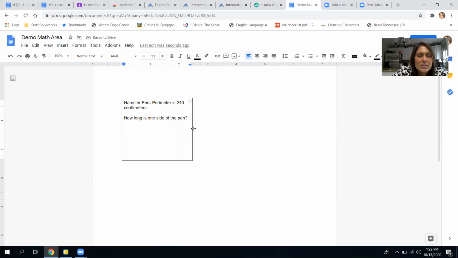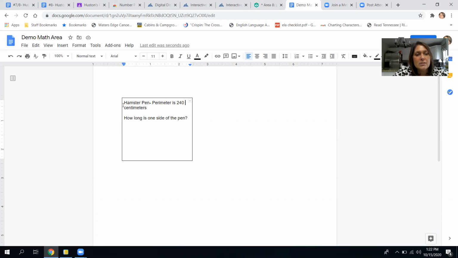So I've given you a few minutes. Now, obviously, a square has equal sides, so each side of his hamster pen is going to be the same length. The perimeter is the distance around something, not the amount of space taken up inside, like area.